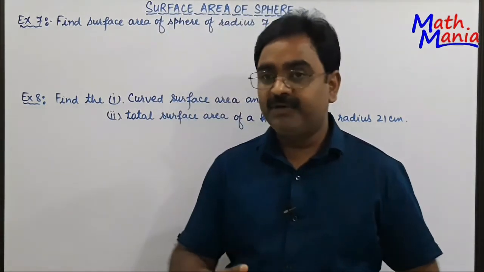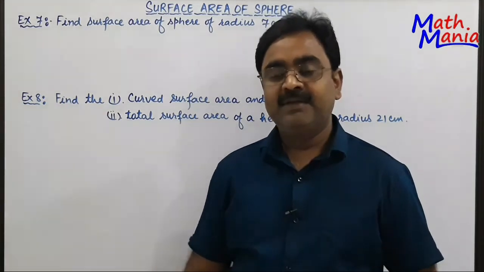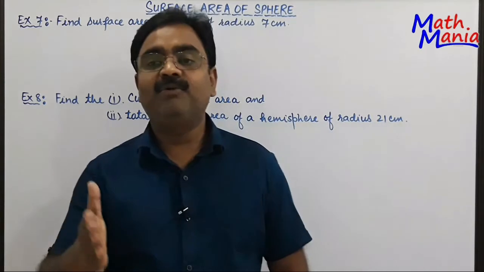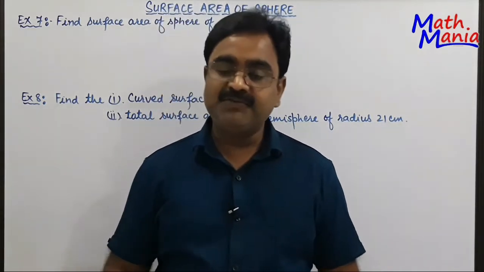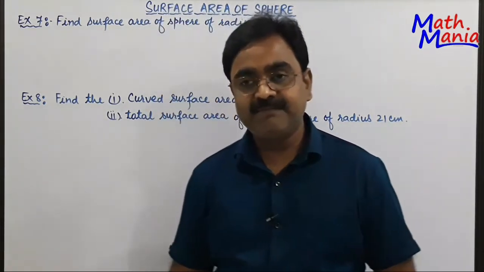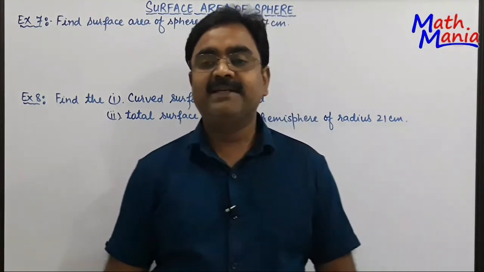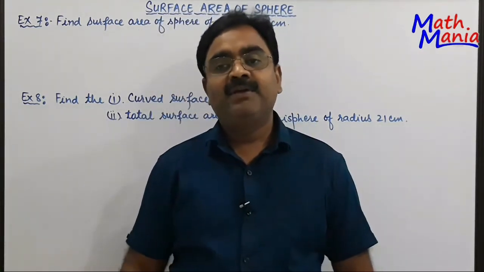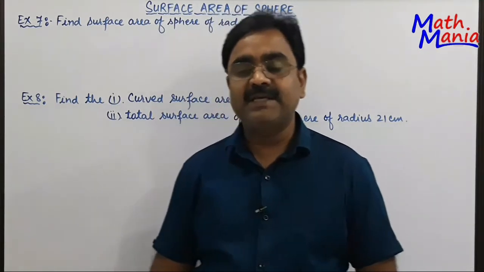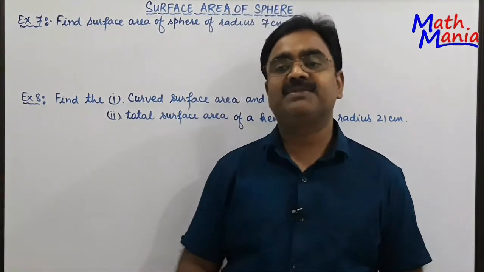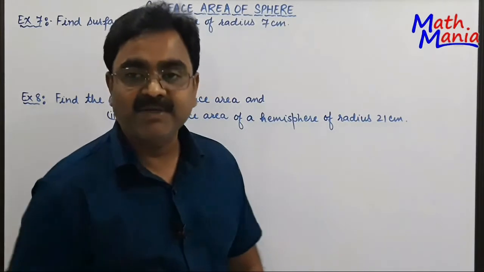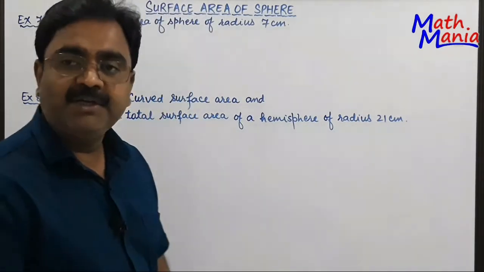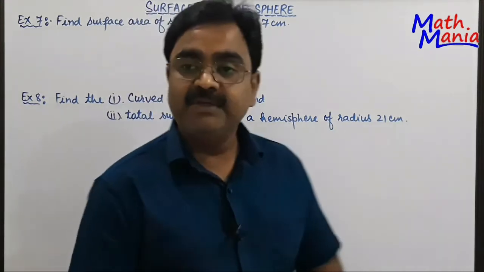Friends, we have read about the hemisphere also. A hemisphere has two surfaces, one curved surface and the second the circular surface. Of this, the curved surface area is 2 pi r square and the total surface area of the hemisphere is 3 pi r square. So let us discuss a few examples related to the surface area of a sphere as well as the hemisphere.